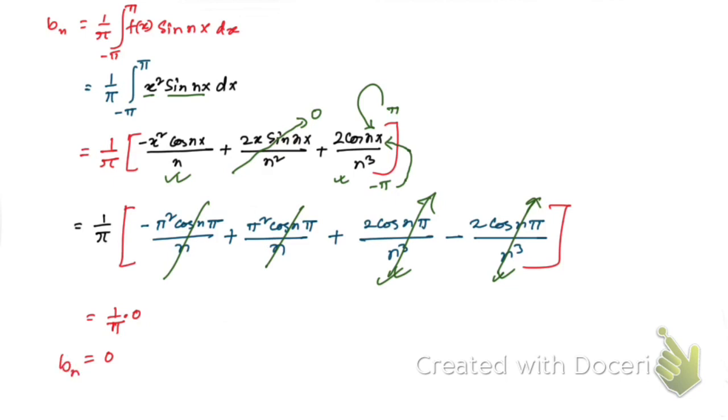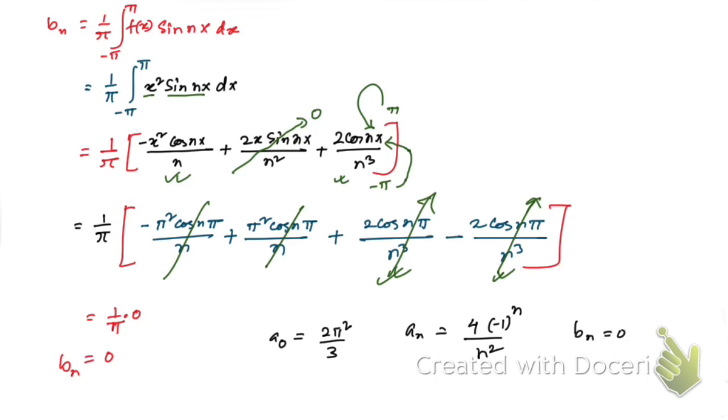So what are the values we have got? We have got a naught equal to 2 pi square by 3, an equal to 4 times minus 1 whole to the power n by n square, and bn equal to 0.